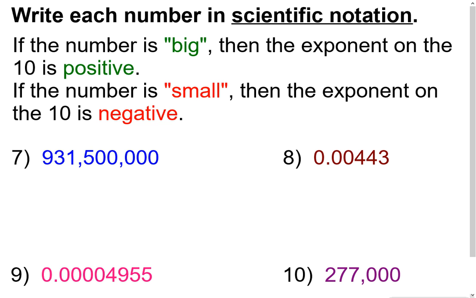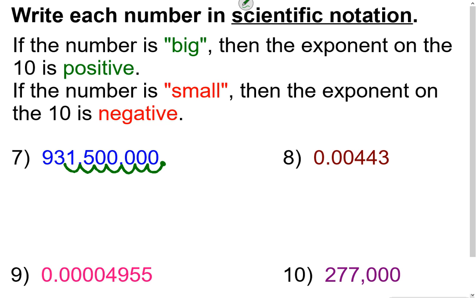So I'm going to go to this 931,500,000. Right here, the decimal place is right here. We need to first find the a value, remember? And that a value has to be between 1 and 10. So I'm going to move my decimal until I get to a number that's between 1 and 10. I'm still not there.